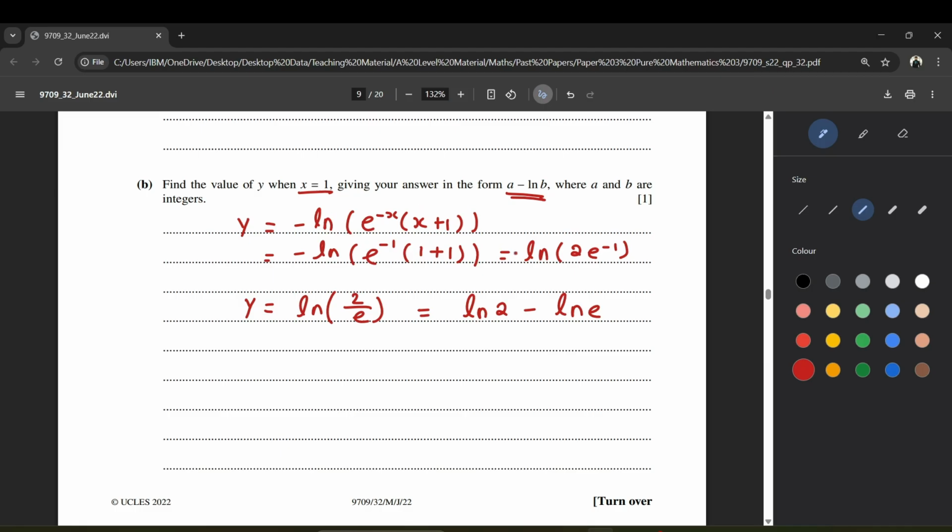Sorry, my bad, I forgot the negative sign. So this is minus of ln 2 minus ln e. Ln e is equal to 1, and when you multiply by the minus, this becomes minus ln 2 and this becomes positive 1. So we can write it as 1 minus ln 2, and that is exactly in the form a minus ln b.